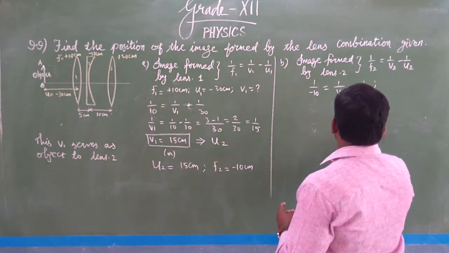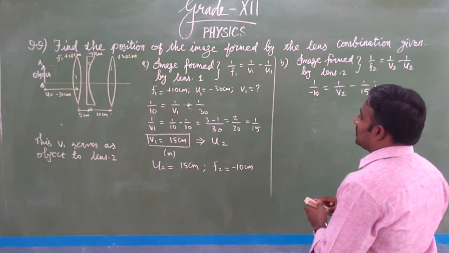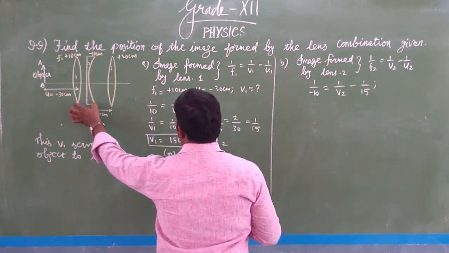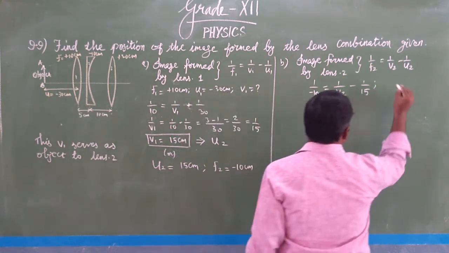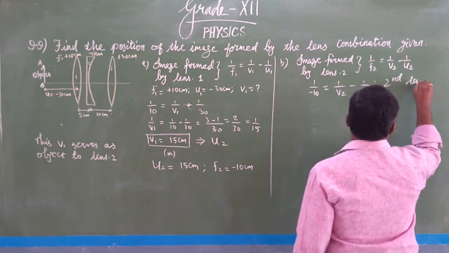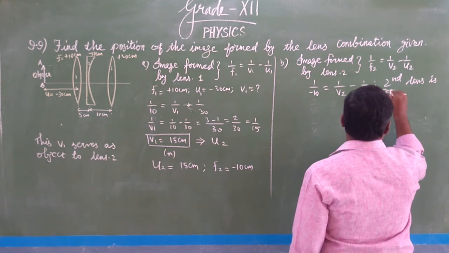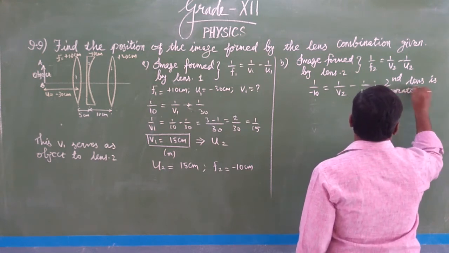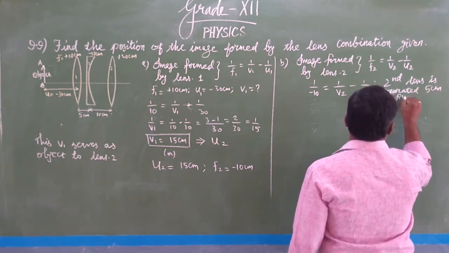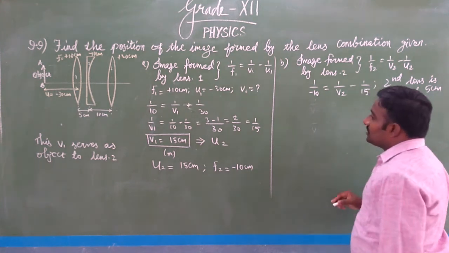This is not 15. The second lens is separated from the first lens, and I forgot that the second lens is separated five centimeter from lens 1. Therefore, what can we write?